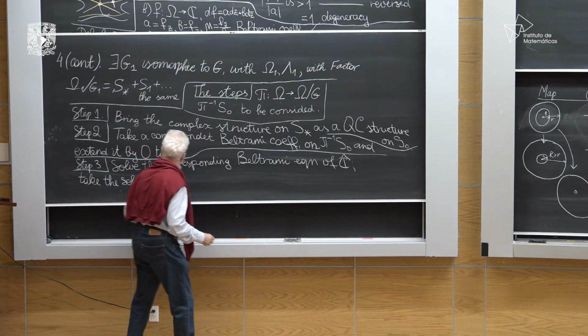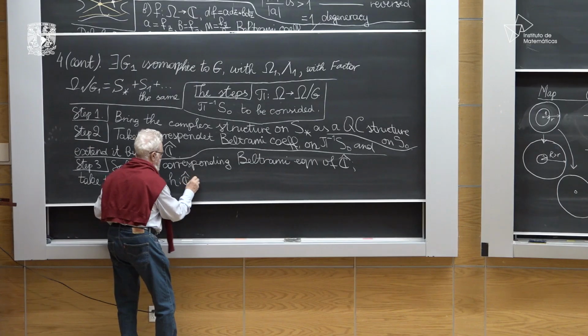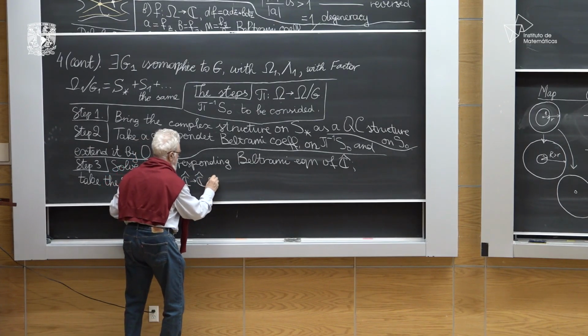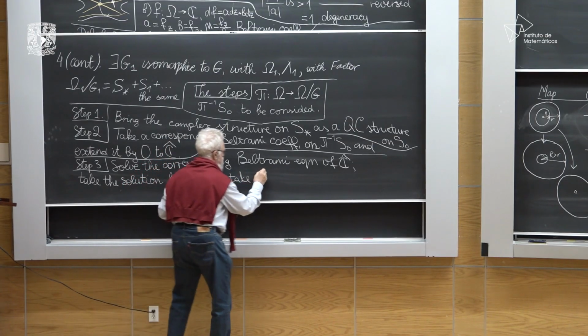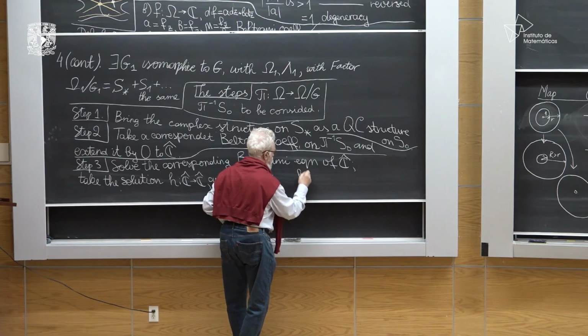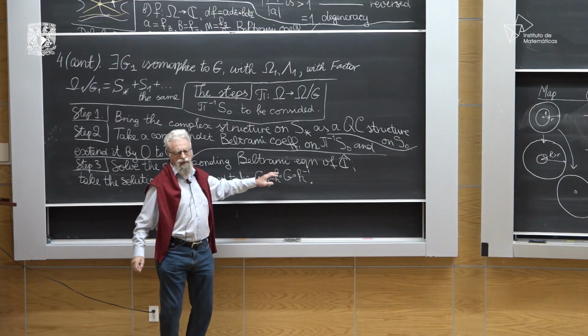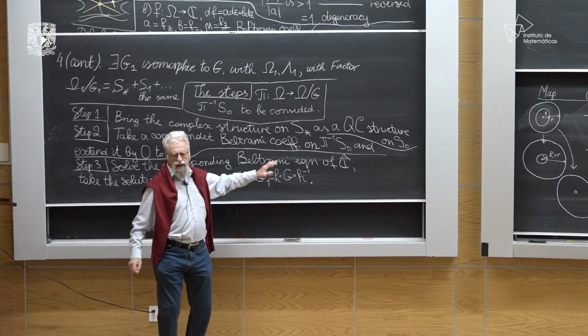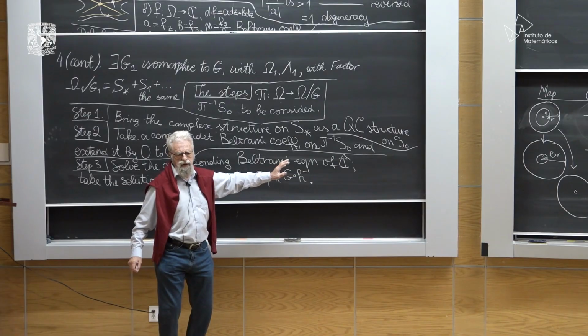Take the solution H, which is the map of the Riemann sphere onto itself, and take G1 to be equal to H to the negative 1 of G of H. And this will be the desired group. Its first factor will be biholomorphically equivalent to S star, and all the others will be unchanged.